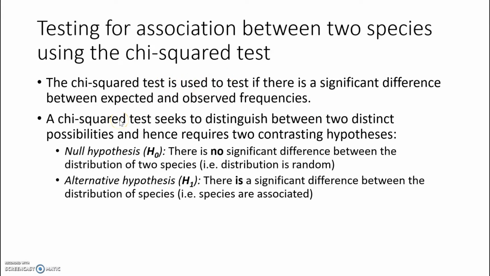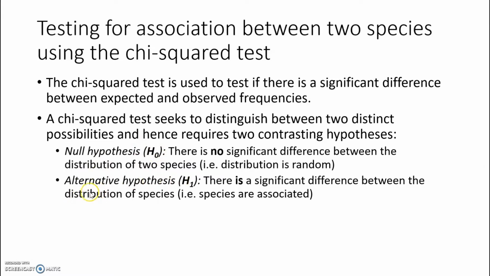As it says down here, it seeks to distinguish between two possibilities. So we need two hypotheses for this test. In statistical tests, we always have what is referred to as a null hypothesis. In this case, the null hypothesis is that there is no significant difference between the distribution of two species. That's the same as stating that the distribution is random. If this hypothesis is not true, then an alternative hypothesis must be true.